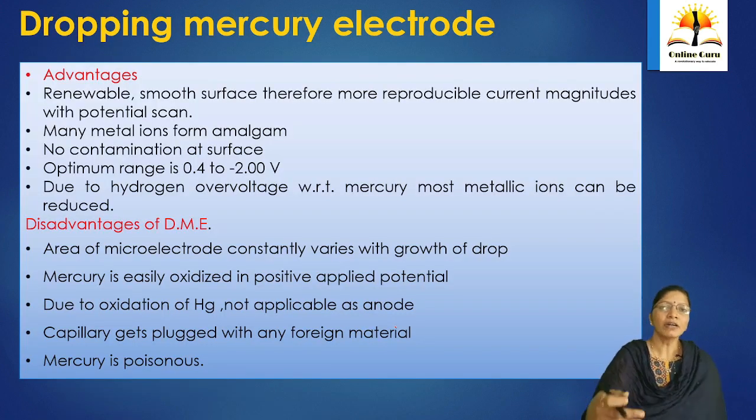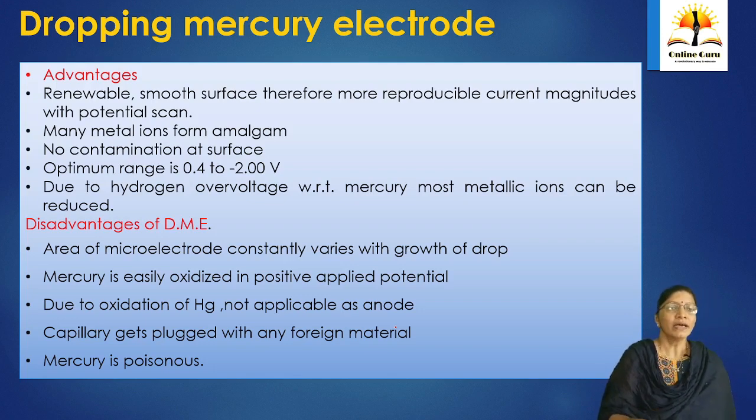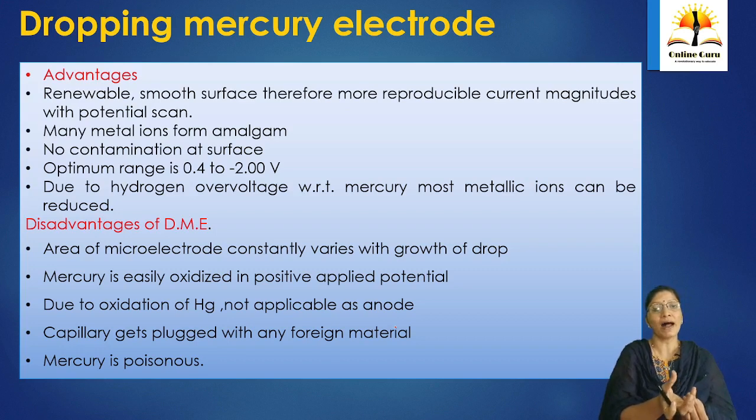So what is the advantage of the dropping mercury electrode, why was it selected? See, it is going to give us the drop formation. From the reservoir, the mercury is going to fall. It will form a particular drop, increase its size up to a larger maximum, and then it will get detached.